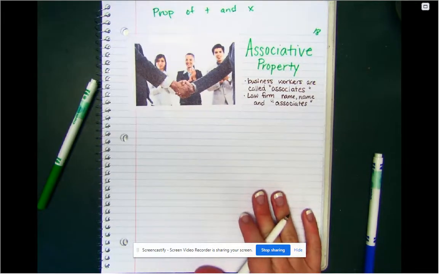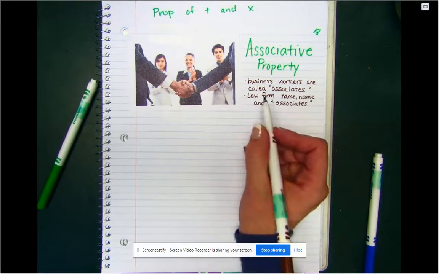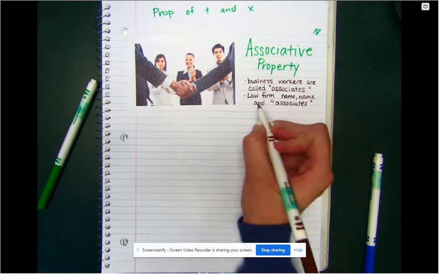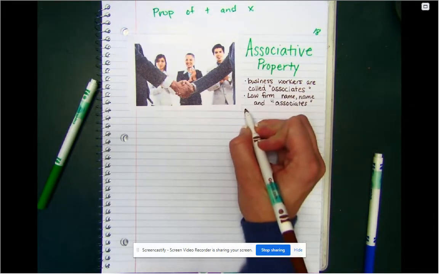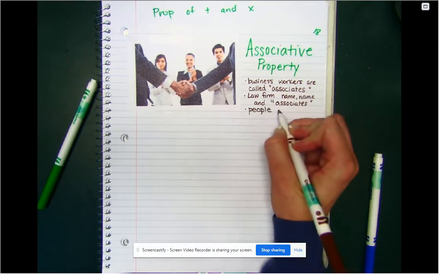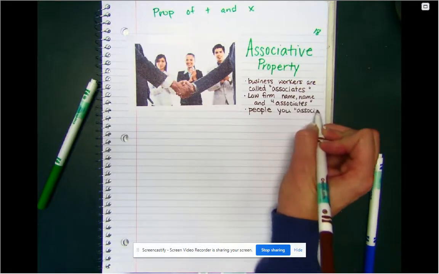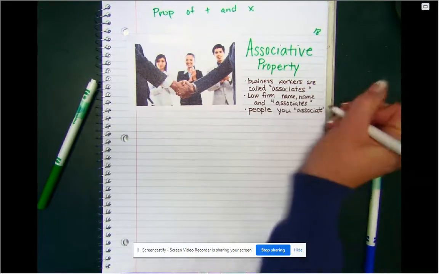So again, associates are people that you work with. The last thing is you sometimes hear people talking about the people you associate with. Ooh, run out of the room.